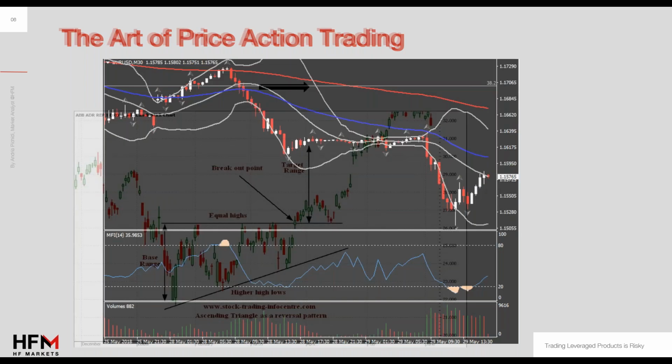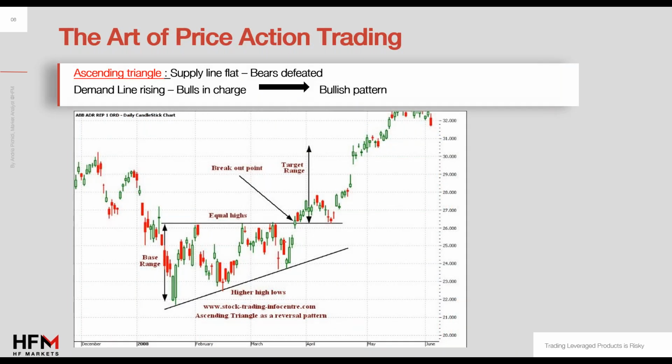So let's see something else as well, because so far we spoke only about price action in the case in which we have a ranging market and we have identified indecision in a range market. Let's see, however, a candlestick pattern, because sometimes it's not like a straight line.